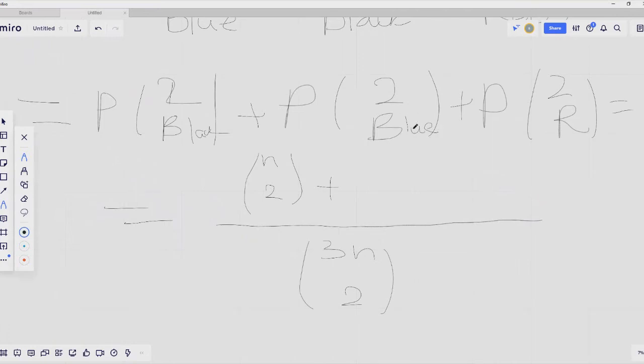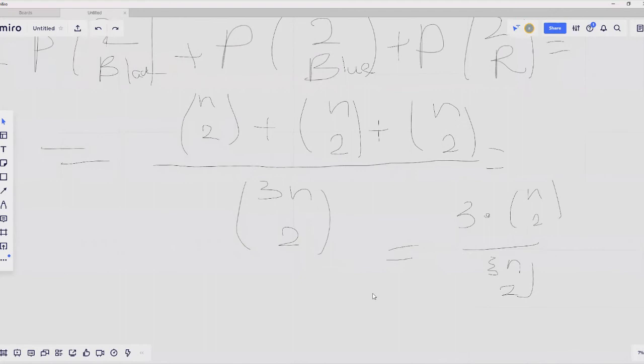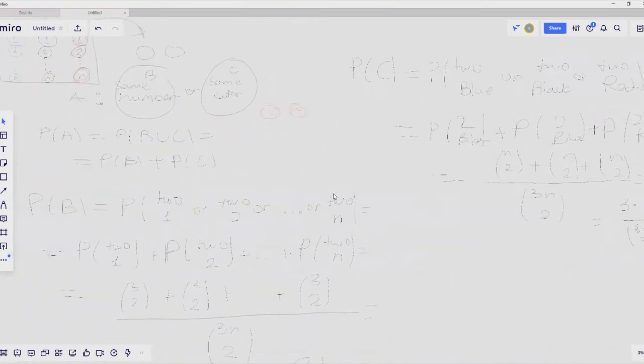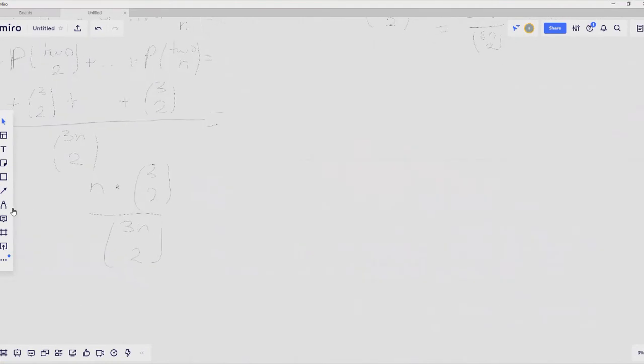So let's say the probability of drawing two blue chips is given as n choose 2, plus the probability of drawing two red chips is also n choose 2. So this is 3 multiplied by n choose 2 over 3n choose 2. Now we're looking for the probability of A, which is going to be equal to the sum of these two fractions.